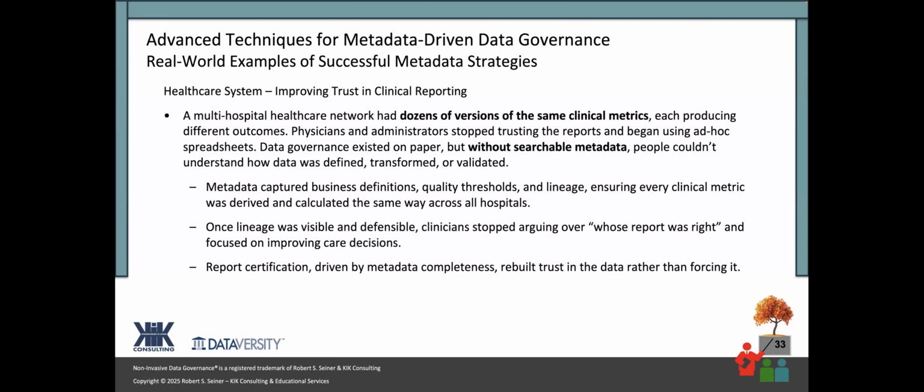Again, another example of an industry where their whole life is data. If they don't have a metadata strategy, if they're not implementing metadata successfully, it's going to be very difficult for them to govern their data environment.